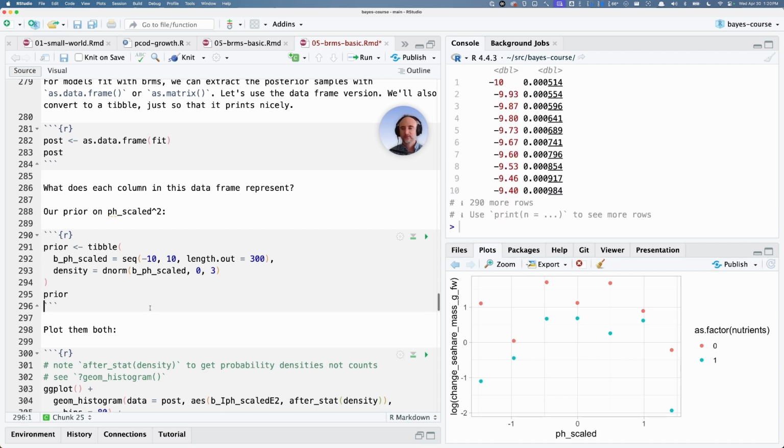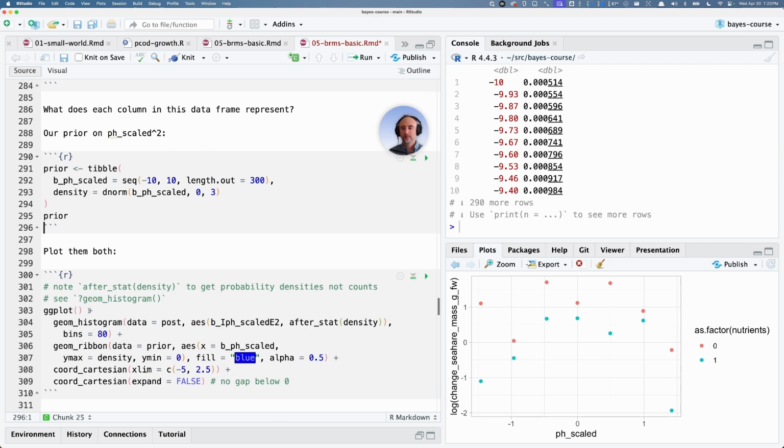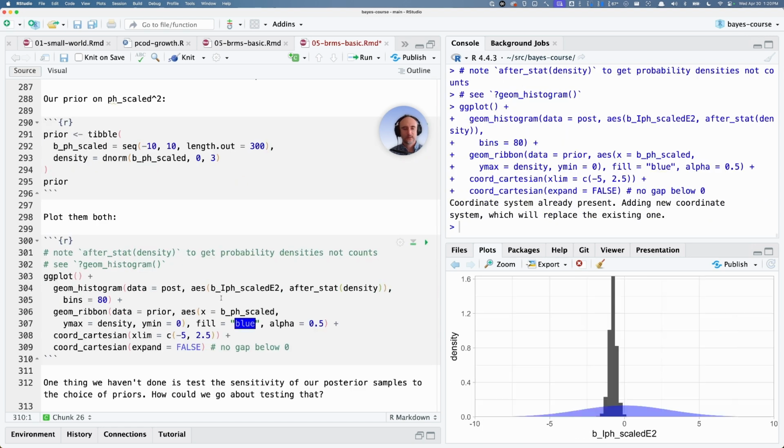So that creates a data frame, and then we can plot that with our posterior. Here I am plotting that quadratic term on pH, and the histogram here is the posterior, and the prior is shown in blue. I'm doing that as kind of a trick where you can use geom_ribbon with my data frame.